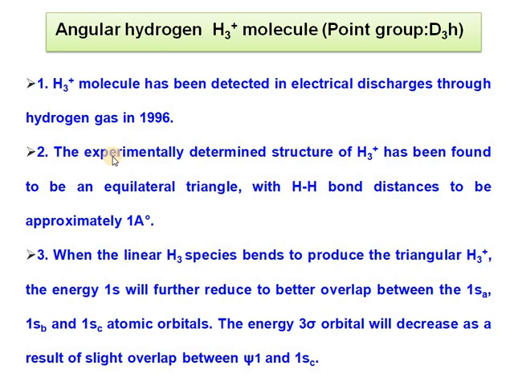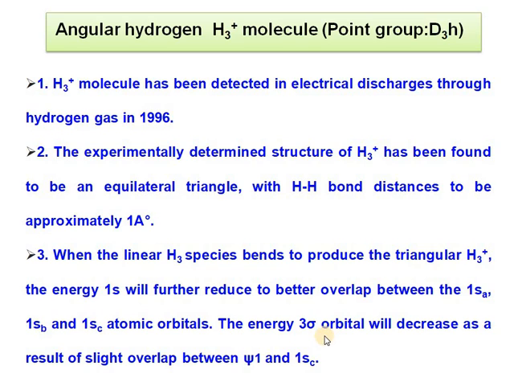as like triangular H3+, the energy of the 1s orbitals will be further reduced due to better overlap between the 1sA, 1sB and 1sC atomic orbitals, as in the three hydrogens: the 1sA orbital of the first hydrogen, the 1sB orbital of the second hydrogen and the 1sC atomic orbital of the third hydrogen.